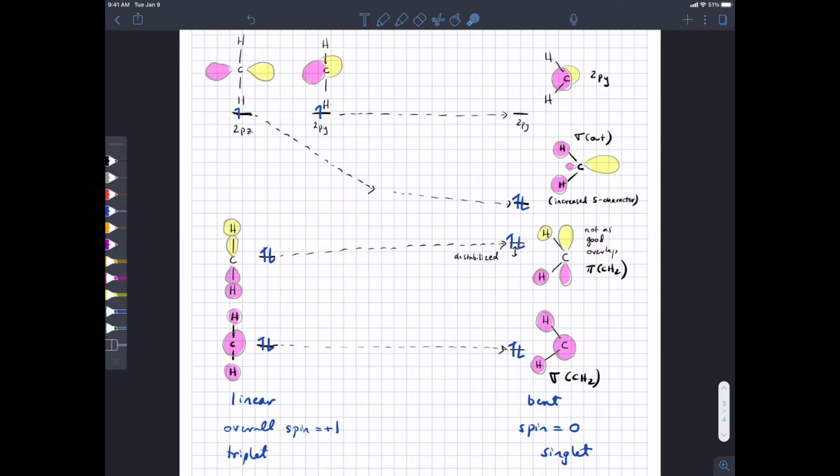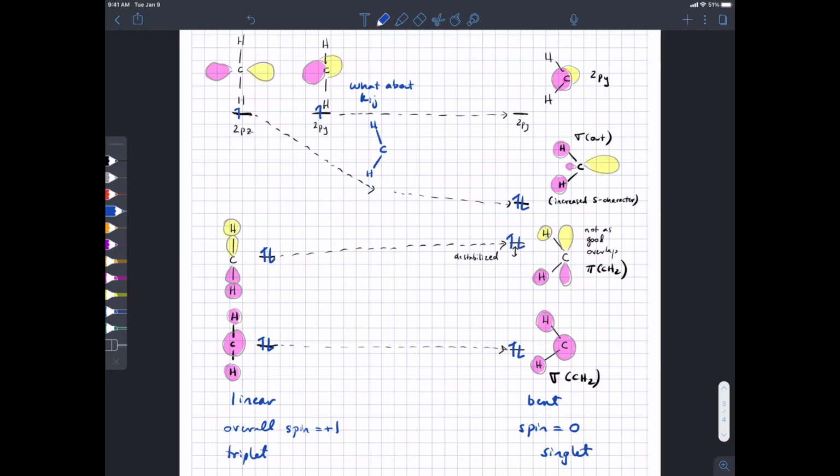Yeah, so what the heck's going on here, right? Because what about, that's a great question, what about K? The K integral that says you get a bonus when you have parallel spins. Well, imagine some intermediate state that's not quite linear, but it's also not quite bent. Maybe the angle is not quite 180, but it's also not quite 120.